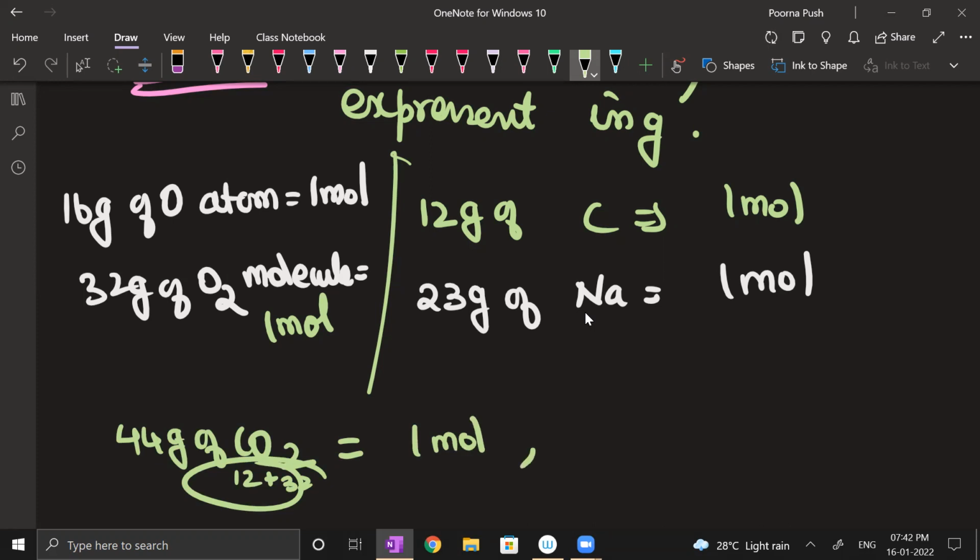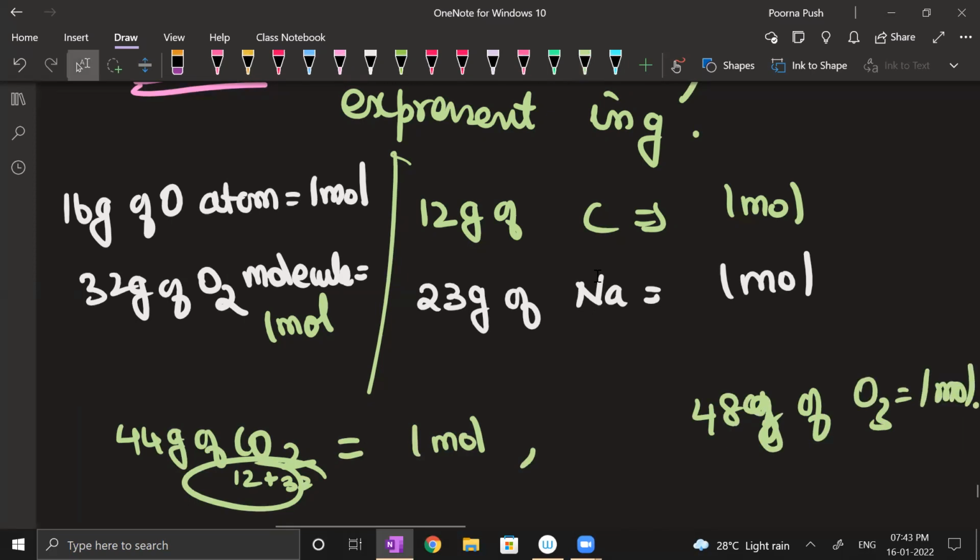For O3, 1 oxygen atom is 16, so 3 oxygen atoms make 48. 48 grams of O3 is 1 mole, because O3 is triatomic. So whether it is an atom's weight, a molecule's weight or a compound's weight, when it is expressed in grams it is nothing but 1 mole.